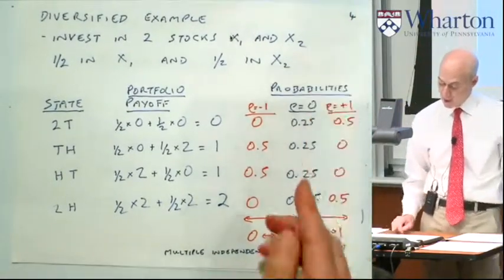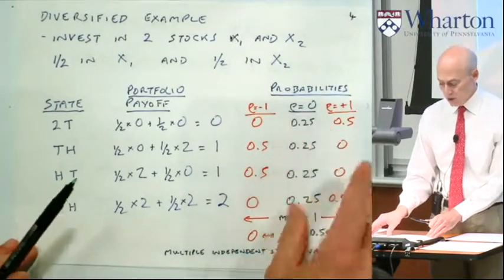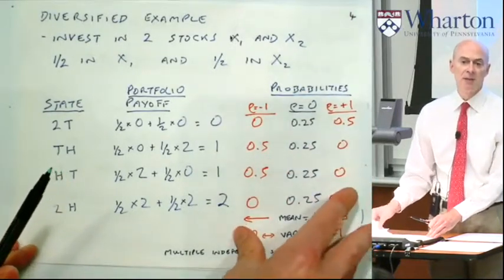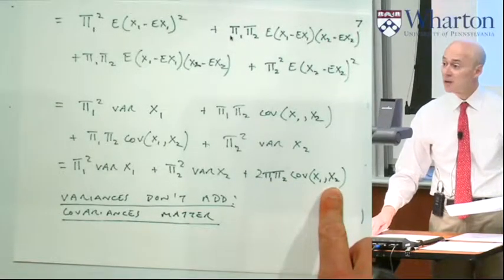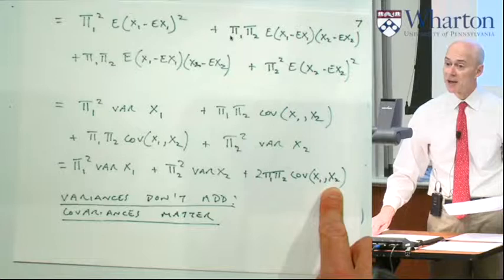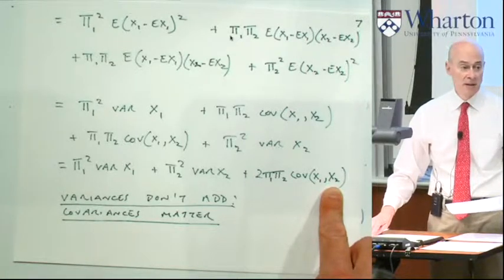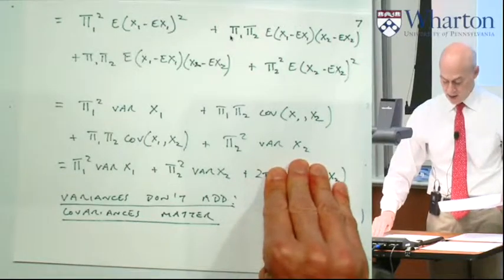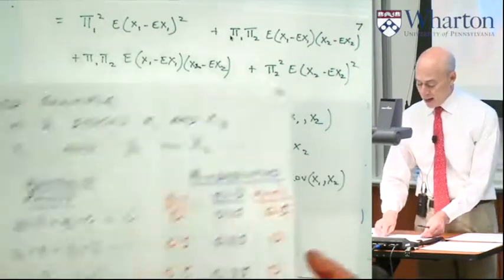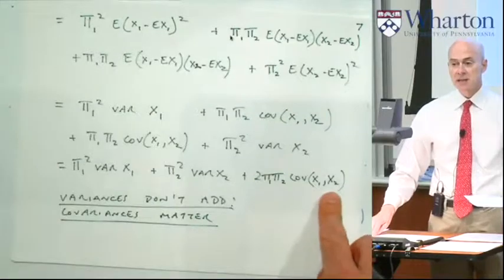Okay, if we take this as our benchmark with rho equals 0, what's happening to the covariance term? This is going to go to what? If rho is 0, what do we know about covariance? It's also 0. So this term drops out. In the rho minus 1 case, what do we know about this?